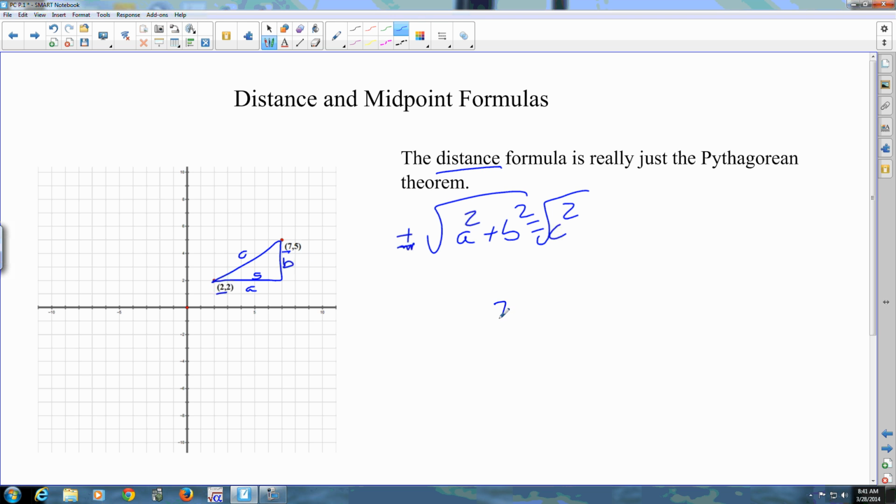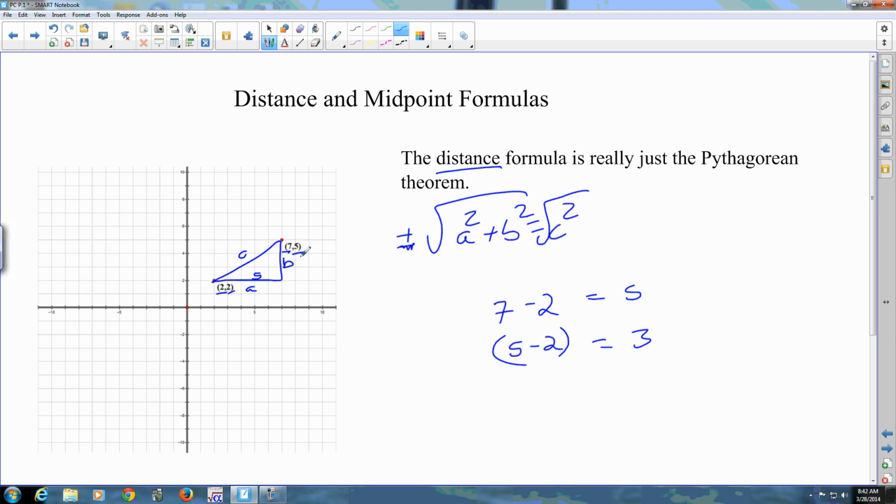It's the difference of your x's. 7 minus 2 is going to give you 5. All right? This side, if I count 1, 2, 3, it's 3 units. Well, look at the difference in the y values. 5 minus 2. Oops, I didn't mean parentheses. 5 minus 2. Well, it doesn't hurt it, but it's 3.